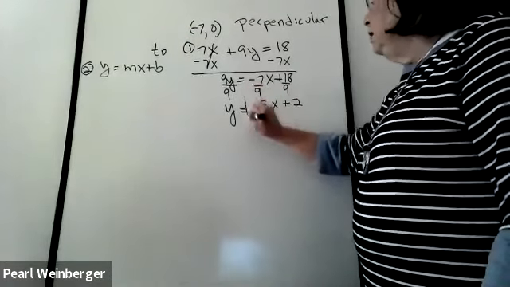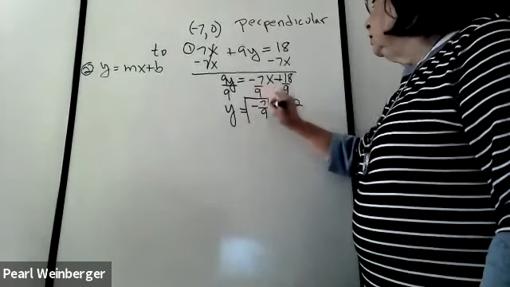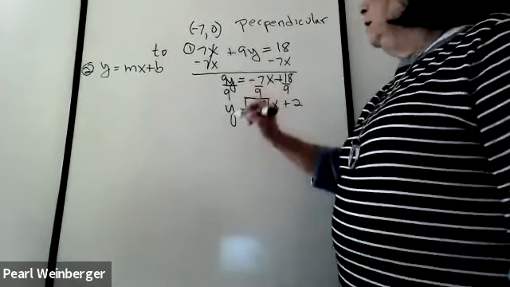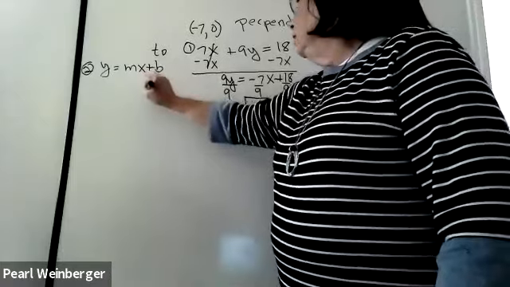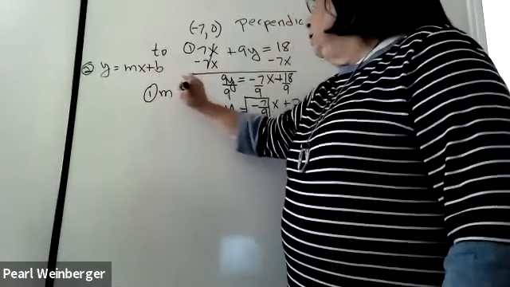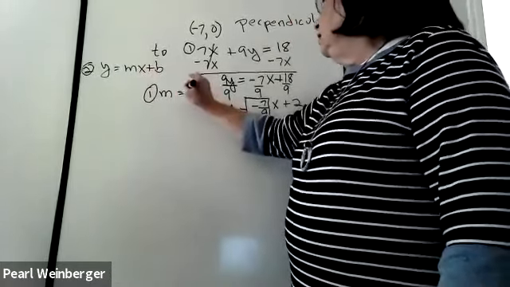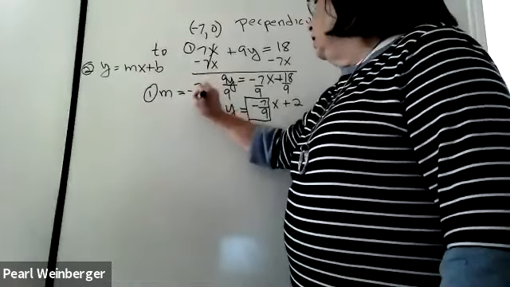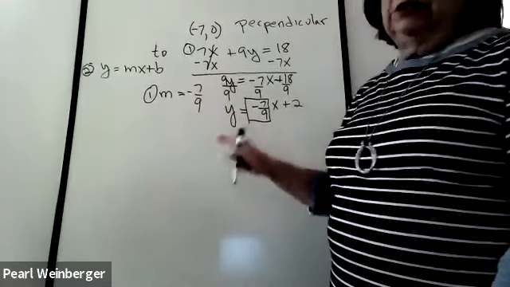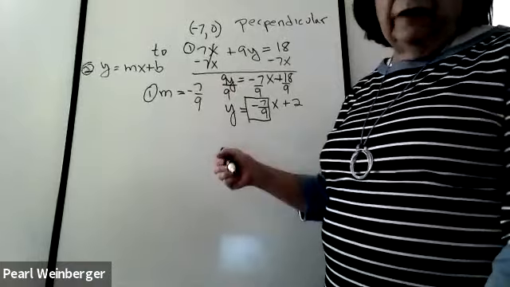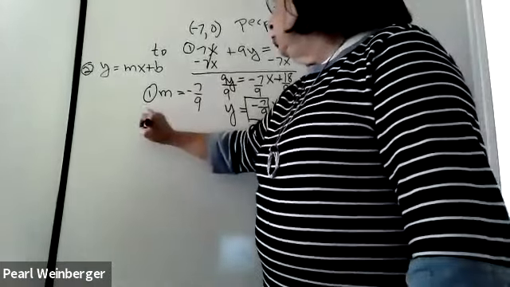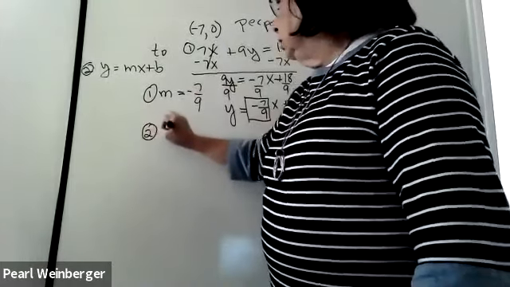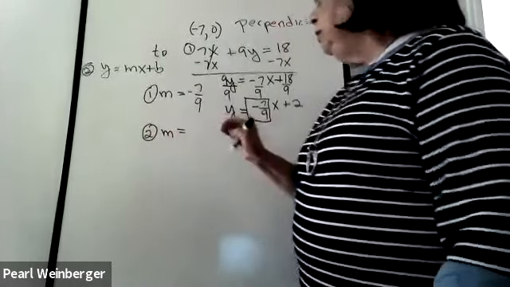And what I'm interested in is the slope of line 1. The slope of line 1 is -7/9 because that's the number in front of the x. So the slope of line 2: well, the two lines are going to be perpendicular.